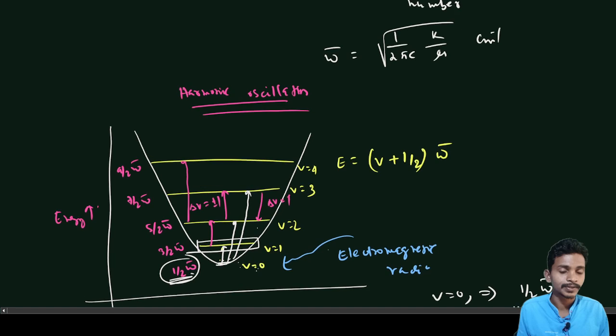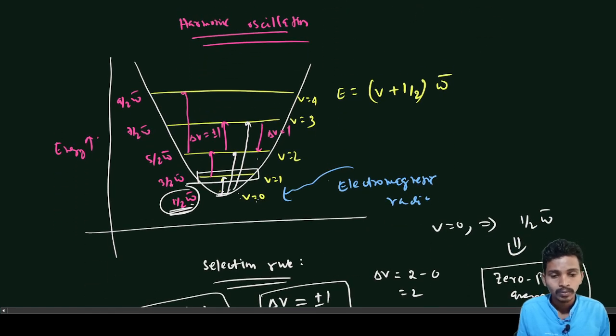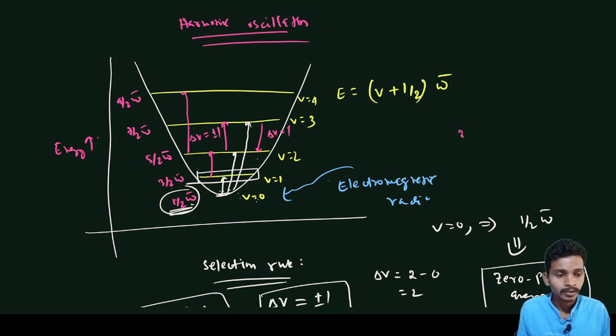In harmonic oscillations, the energy levels are 1 by 2, then 3 by 2, and so on. The difference 3 by 2 omega naught minus 1 by 2 omega naught is omega naught. Similarly, for 7 by 2 omega naught minus 5 by 2 omega naught, again you will see omega naught. The difference between the two energy gaps is always constant. Here also 1 omega naught, here also 1 omega naught.